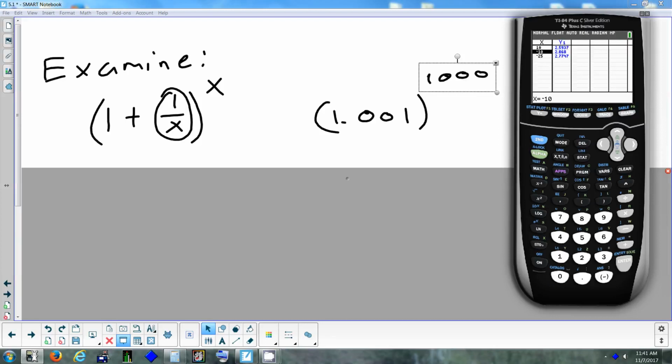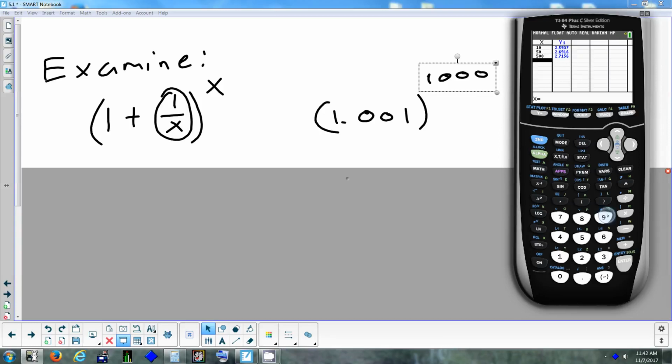If you plug 10 into that formula, you would get 2.59. If you plug in 50, 2.69. Didn't go up that much, considering I went up 40 units on the x. Let's plug in 500. So now increasing x by a factor of 10, y only went to 2.71.